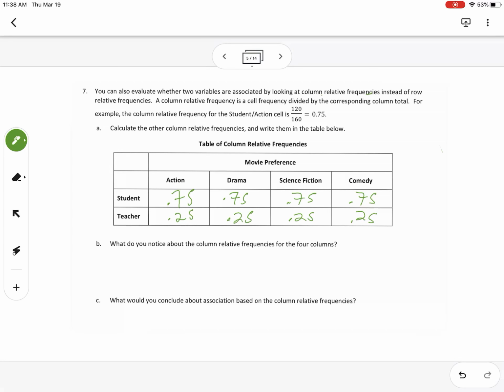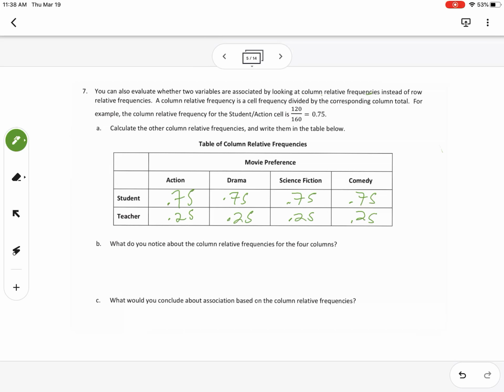I'll give you an example: a poll of 2 out of 4 teachers like action movies and 3 out of 6 students like action movies. Well, 2 over 4 and 3 over 6 are the same proportion. They're both equal to 0.50. So the numbers were different for how many people were asked, but the proportions were the same.